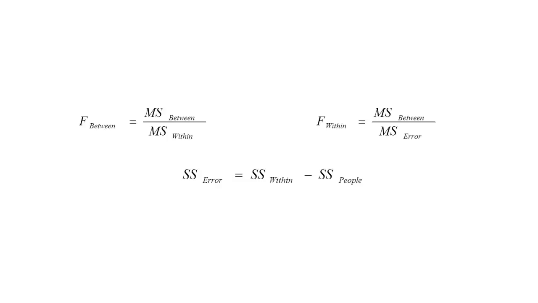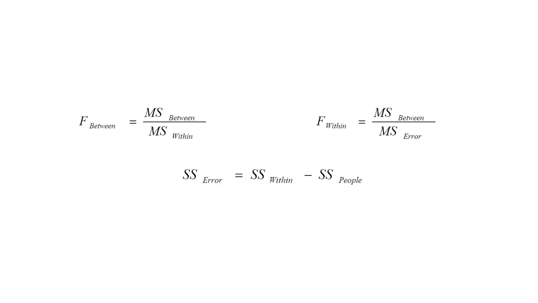And we can't do this for between subjects design because every single person in all of our conditions is different. So there's no variance that we can measure that's due to the person because everybody's different. But in a within subjects design, you have the same person across the different conditions, and so you can calculate how much variance is going on because of the people that you're using, and you can subtract that out.